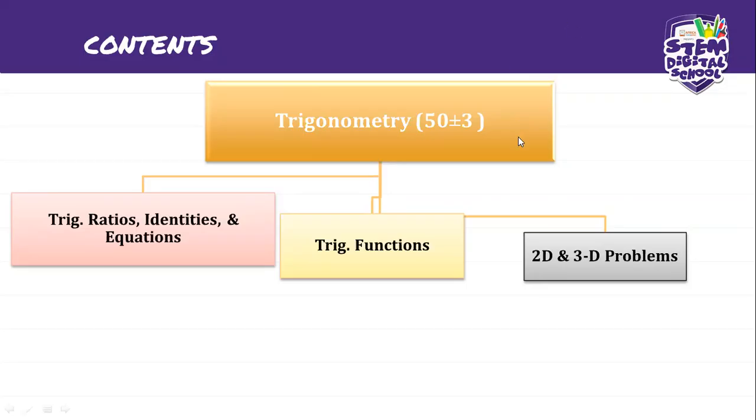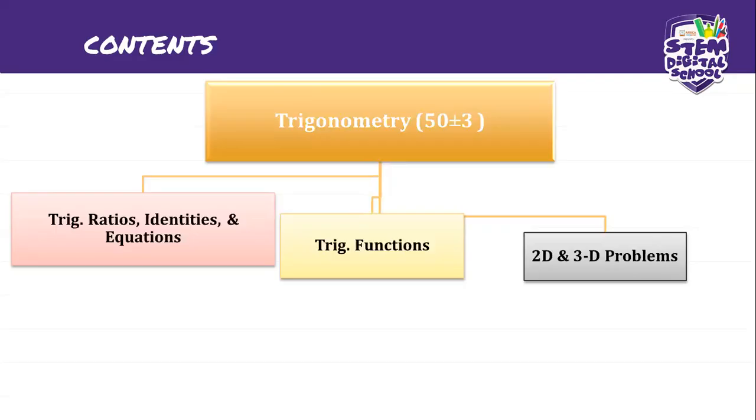Now, the first subtopic under trigonometry is trig ratios, identities, and equations. Thereafter, we go to trig functions, and the last is 2D and 3D problems. You should remember that in grade 12, we were only dealing with 2D problems because all these subtopics we did in grade 11.